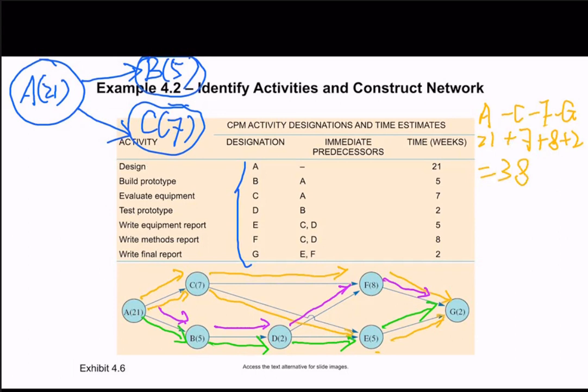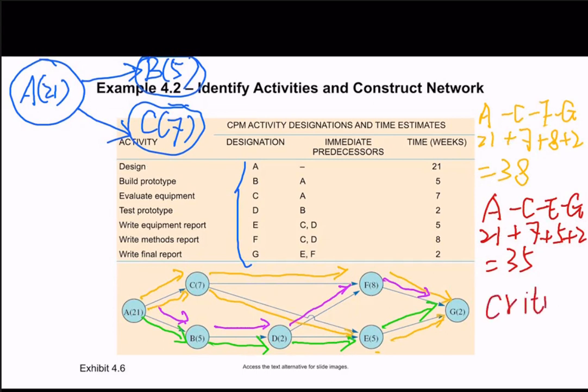And in the same way, we can calculate another path for A to C to E to G. So we have 21 plus 7 plus 5 plus 2, which is 35. So this is how we can calculate all the paths over there, and we are able to find the path which takes the longest time, and that path will be the critical path.